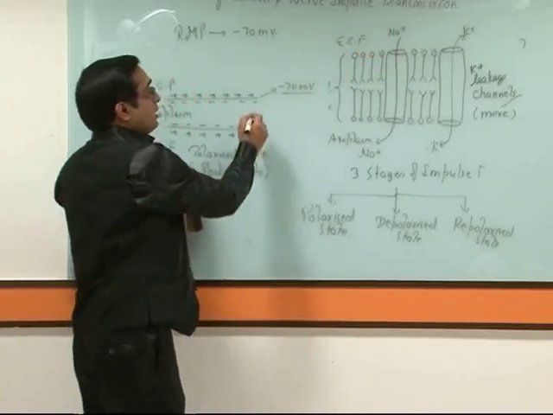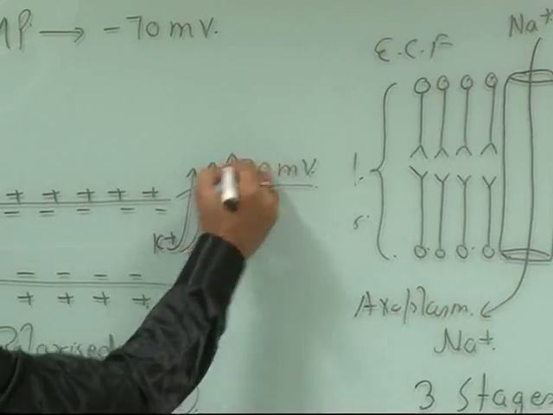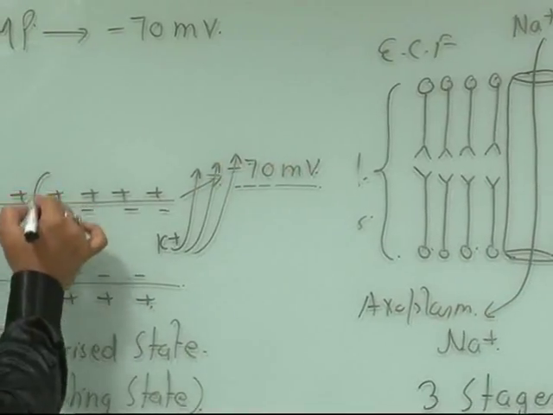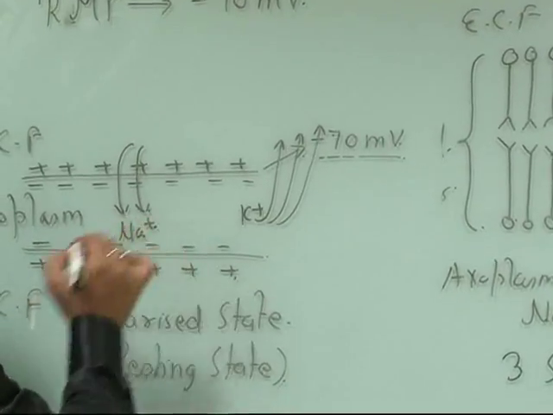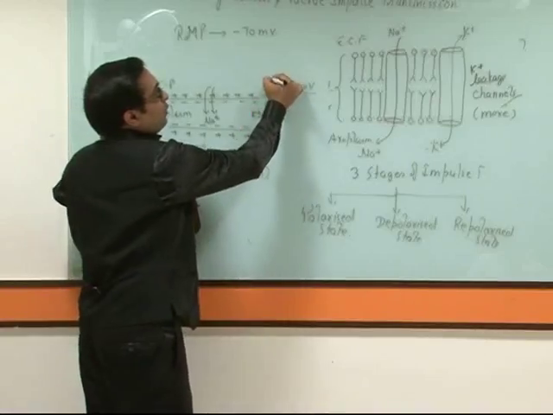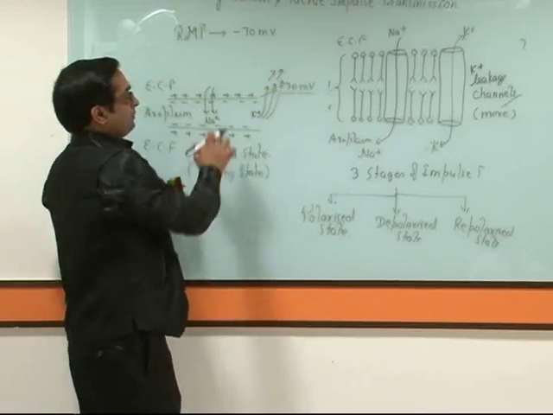So naturally, more positive ions are leaving the axoplasm as compared to the positive ions moving inside. More potassium is moving out and less sodium is moving in.